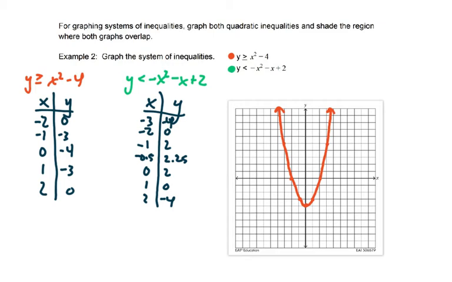And then on this other one, I had to change my table settings to get the vertex, which is negative 0.5, 2.25. So just a little bit over 2. And that's not even quite in the right place. And that's not either. Whoops.